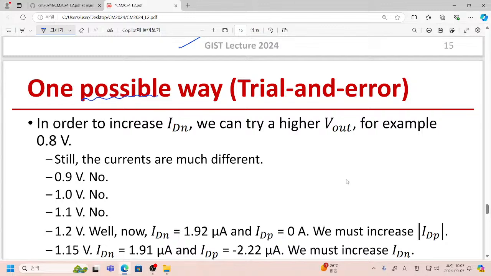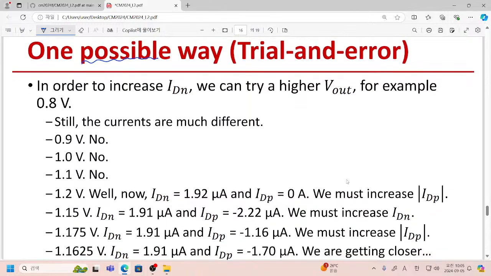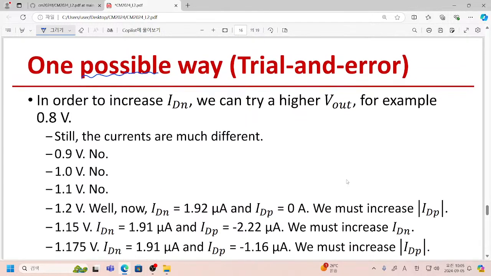Please implement this one. For example, let's say our input voltage is given as 0.5 volt, and now our goal is to find the V out value on the VTC curve.